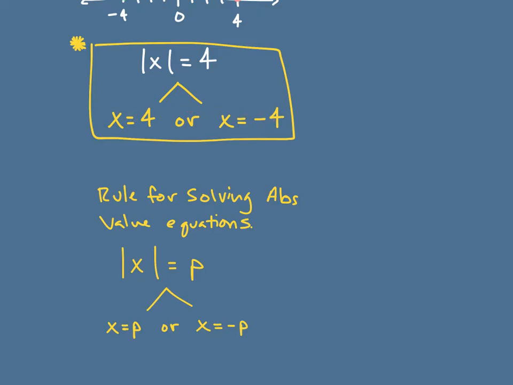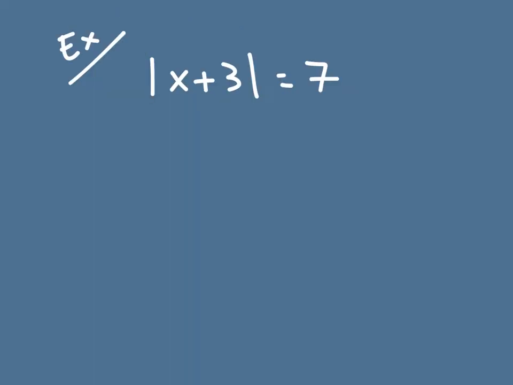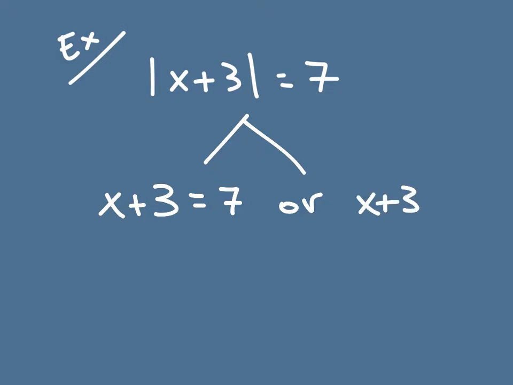So let's take a look at an example. I want to solve this equation here, which says the absolute value of x plus 3 is equal to 7. I'm going to split this up into two different equations. I take x plus 3, whatever's inside my absolute value, and set it equal to +7, or take what's inside my absolute value, x plus 3, and set it equal to -7.